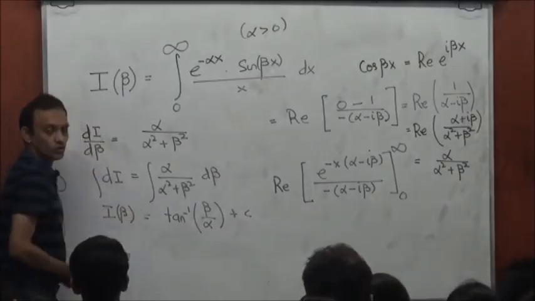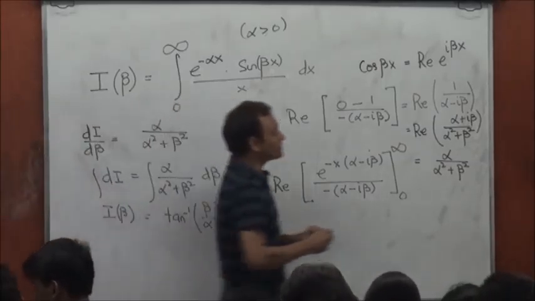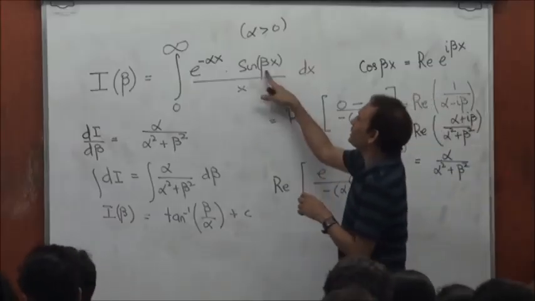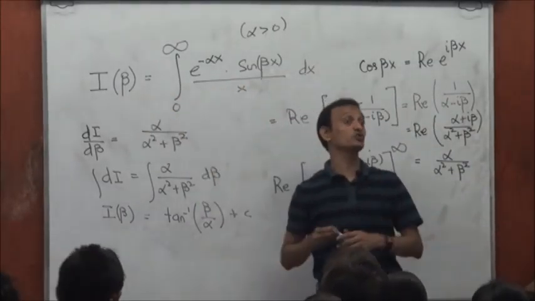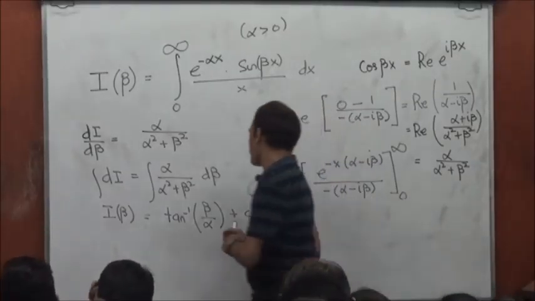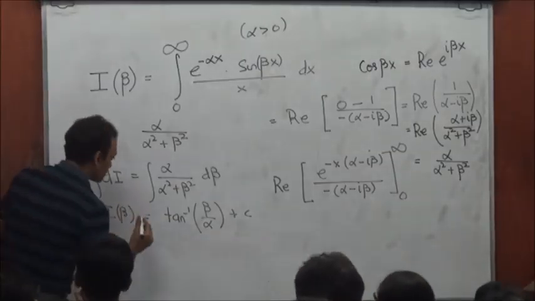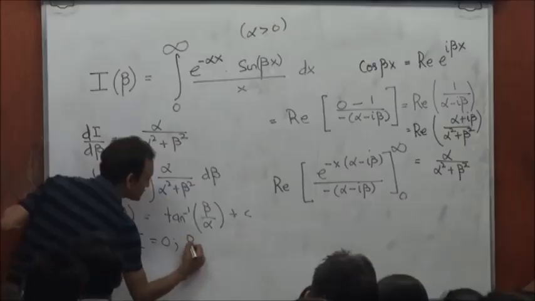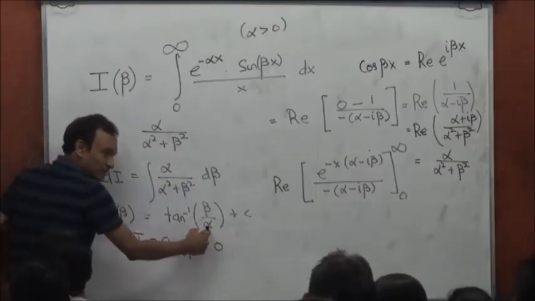Yes or no? Right? Now, very clearly, if you plug in beta equal to 0, I will become 0. That means I at beta equal to 0 is 0. So if beta equal to 0, I turns out to be 0, right? I is 0 when beta is 0 means tan inverse 0.